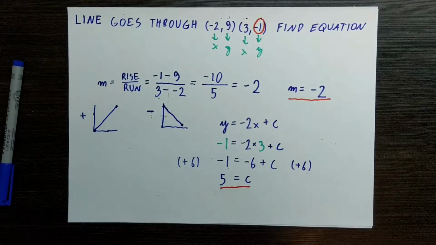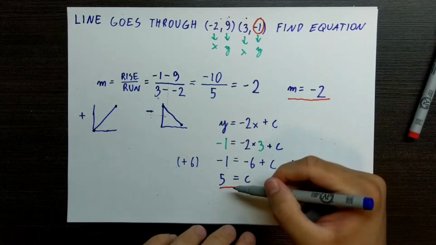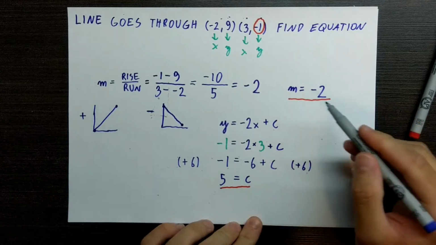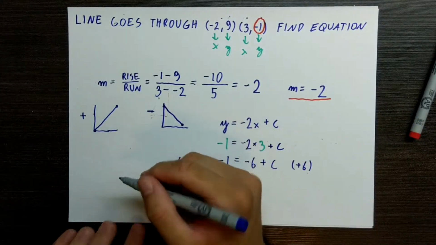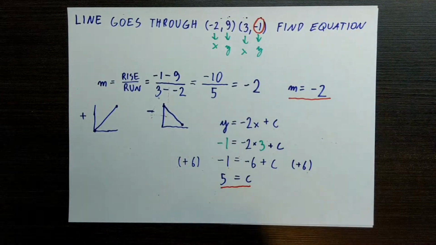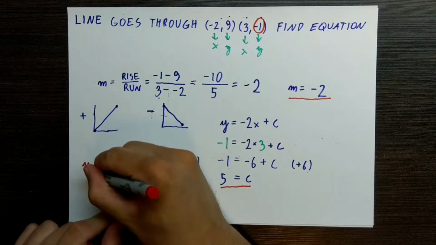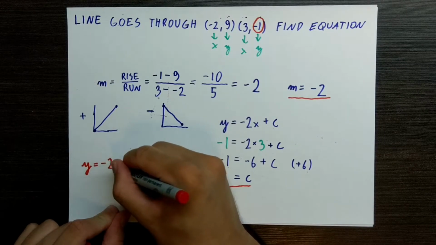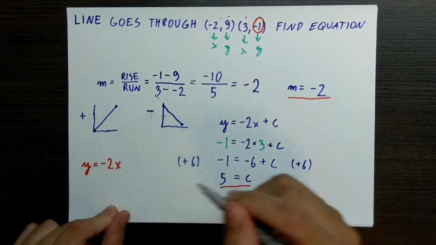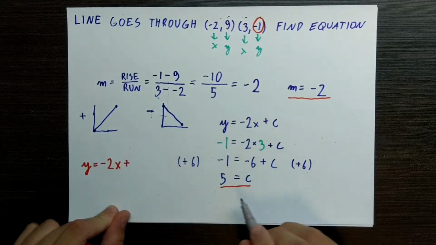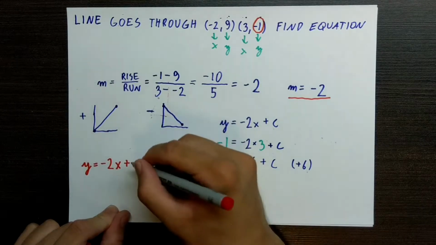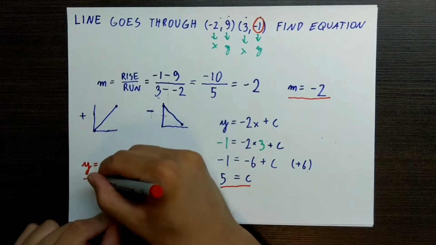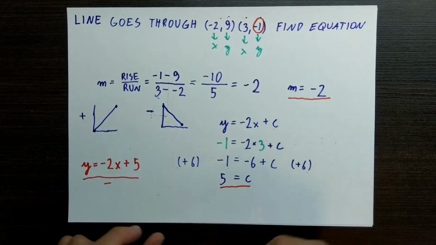And we arrive at the end equation. Now we have a value for c, and we have a value for m. So the equation of the line is like so. It is y equals -2x plus c, so plus 5. And that is our answer.